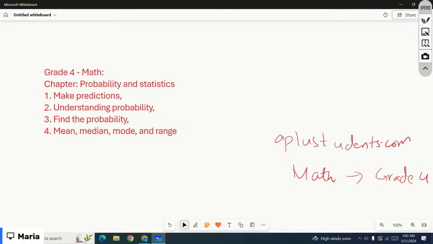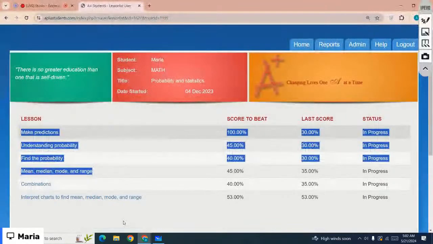So please make sure you have your notebook and pencil so that you can note down the important examples and definitions as well. Here I am on grade 4 math. The chapter we are on right now is probability and statistics. So let's just start with the first lesson, that is make predictions.